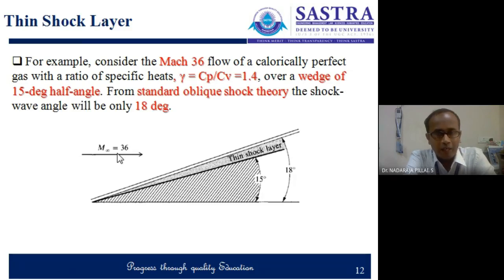So we can see the shock layer becoming very thin. Hope you can understand what is a shock layer and what is a thin shock layer. A thin shock layer happens only at higher Mach numbers, right? Higher Mach.